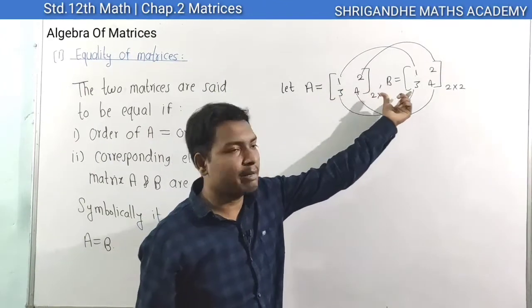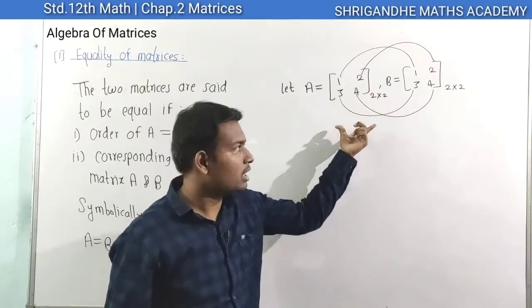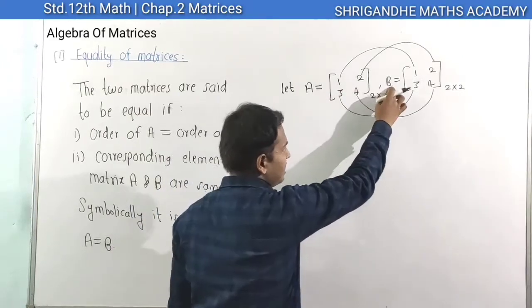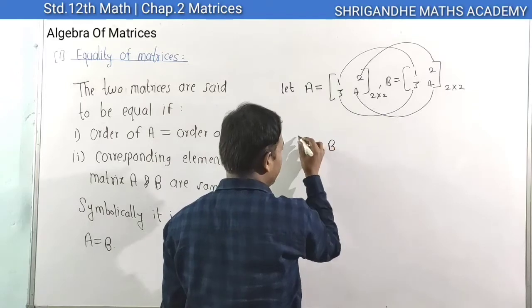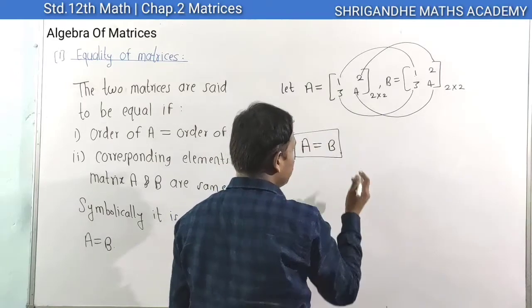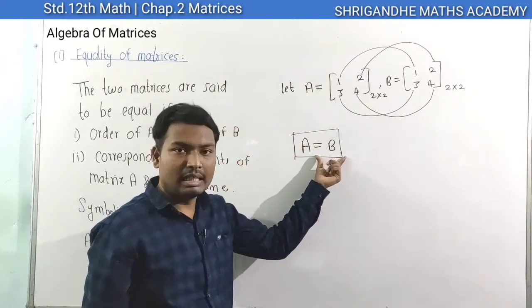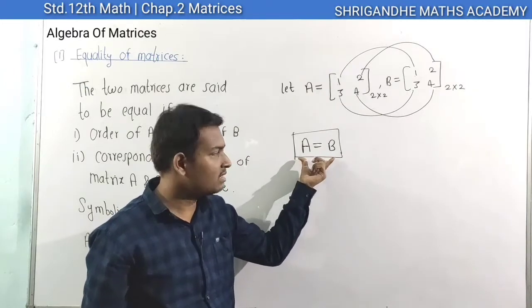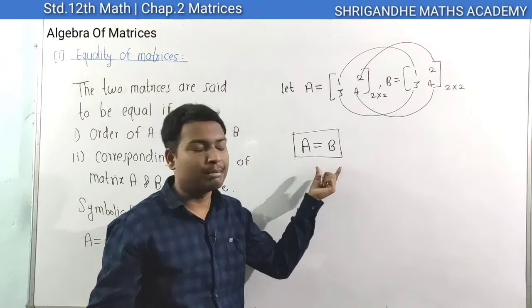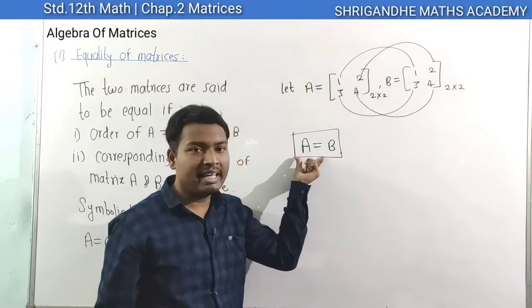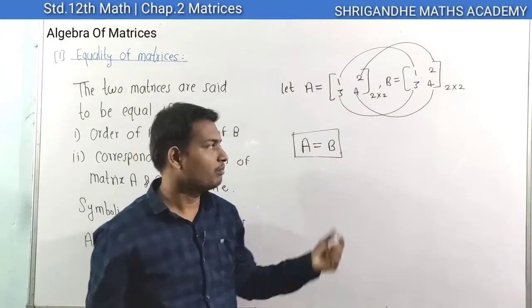Therefore matrix A and matrix B are equal, and symbolically we write A equal to B, because they have the same order and the corresponding elements are the same.